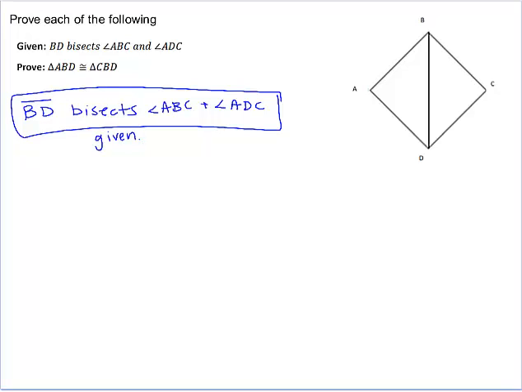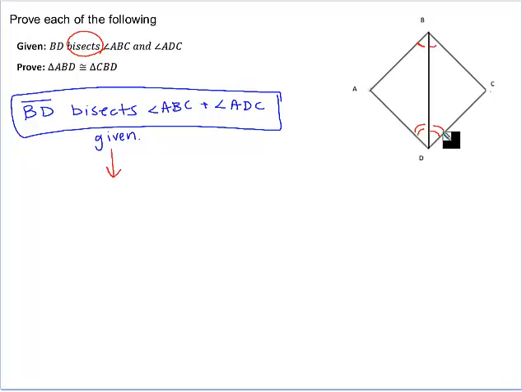Here we have a vocab word. The vocab word is bisect. So the next piece of information we're going to write down is using that definition of bisect. Bisect means it splits the angle equally into two parts. So if ABC is bisected, that means angle ABD is congruent to DBC. If it also bisects ADC, that means ADB has to be congruent to angle CDB.